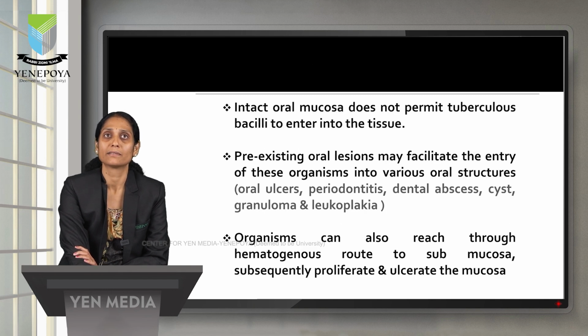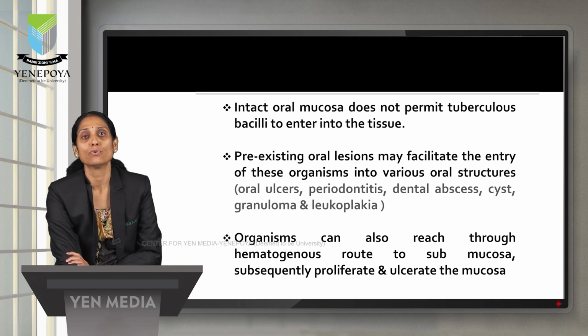The reason is that intact oral mucosa does not permit the tuberculous bacilli to enter the tissue, but pre-existing oral lesions may facilitate the entry of these organisms into various oral structures. The pre-existing lesions can be oral ulcers, a dental abscess, cyst, or even periodontitis. So this can facilitate the entry of the organism.